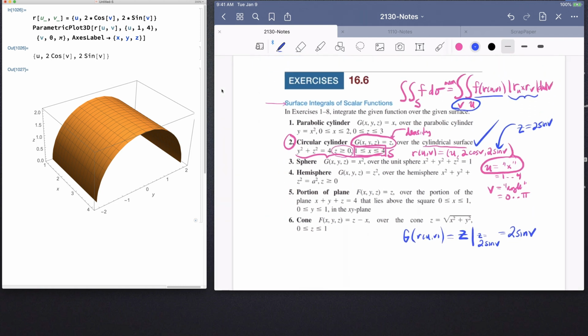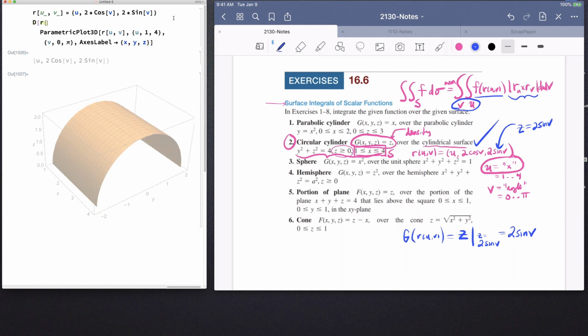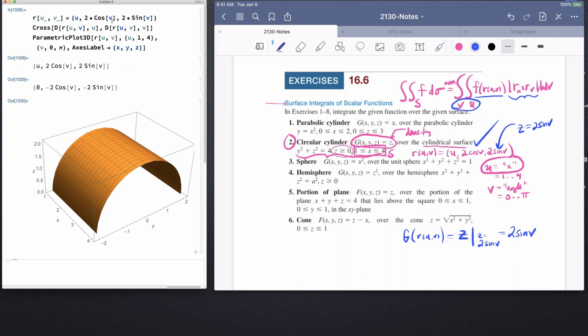From our formula for the normal vector to a cylinder, we need to compute the cross product of the partial derivative of the surface with respect to u, and the derivative of the surface with respect to v.